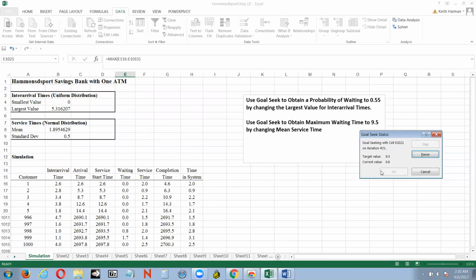Run it again. See the target value and then the current value it's at and the iterations. And the target value was 9.5, but we have a current value of 21.